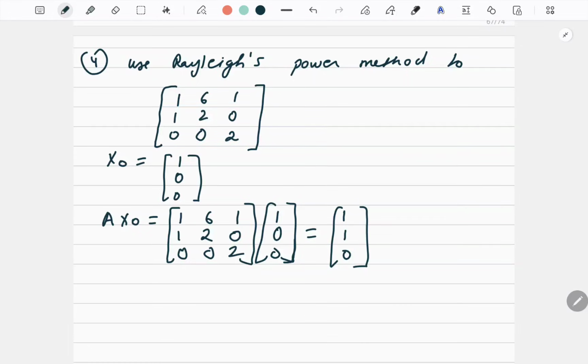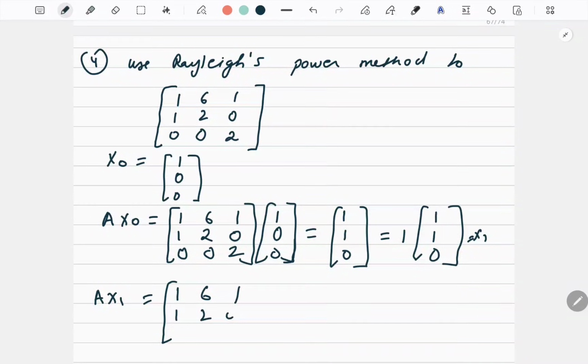Now what you have to do is take out the highest value as common. Since it is 1 only, we have 1 and 1, 1, 0. So this is the first eigenvector and the eigenvalue corresponding to it. Now you do A X1. This is your x1, this vector. Again you multiply 161, 120, 002 by 1, 1, 0. Correct?